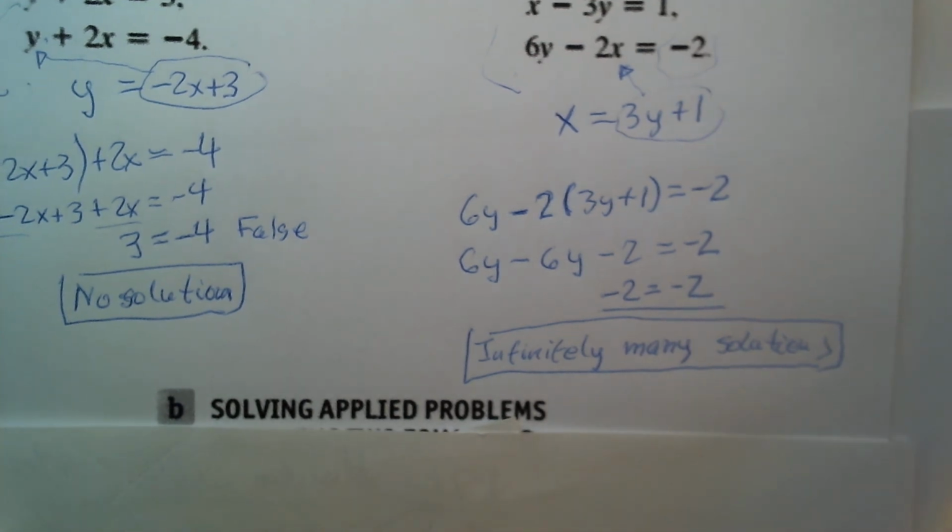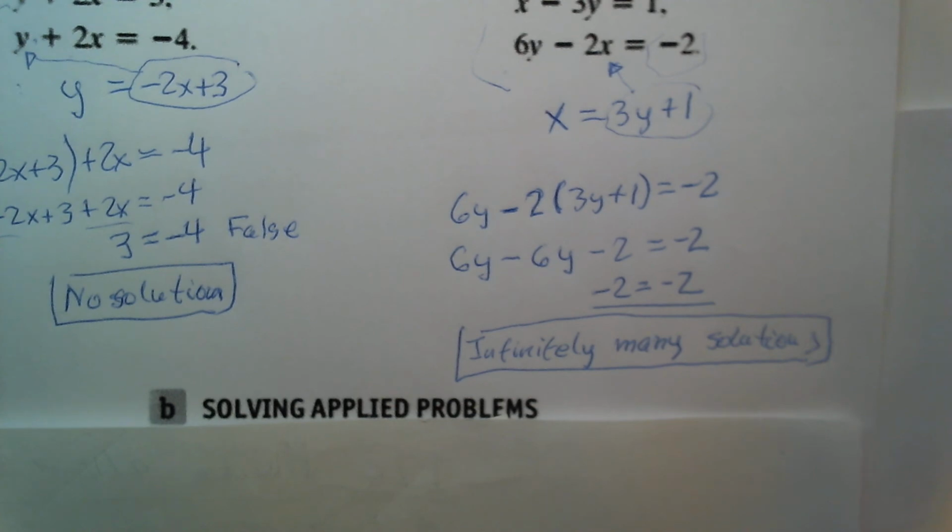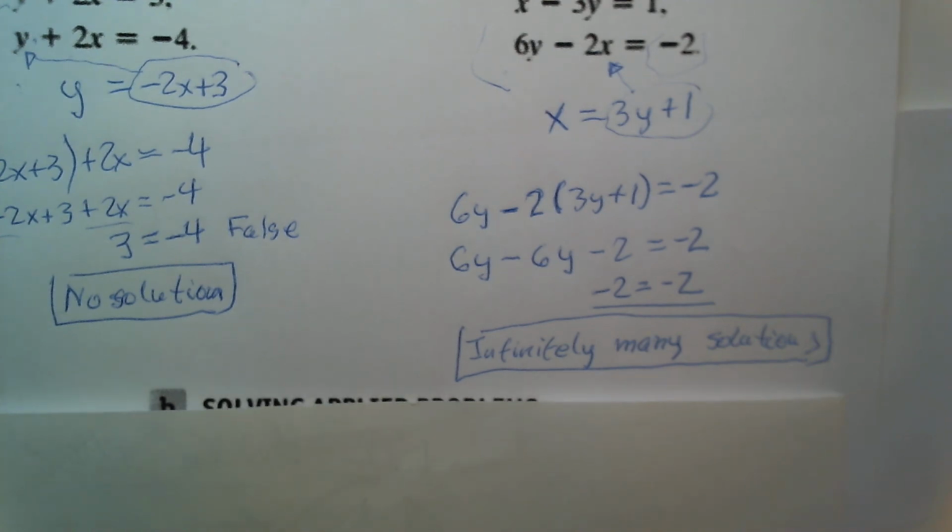Okay, so that's for that example. And if you do more exercises for homework or out of the book, I'd highly recommend it, so you get a feel for what it's like to solve systems of equations by substitution.